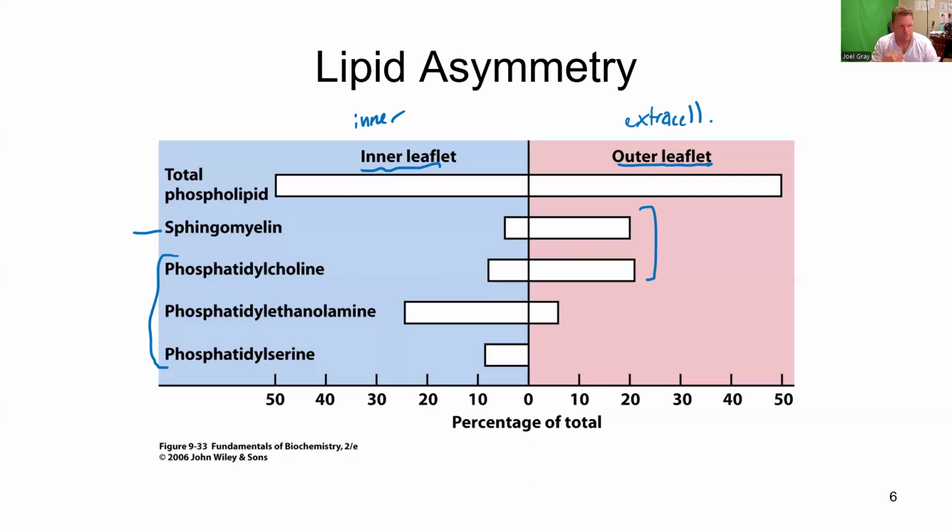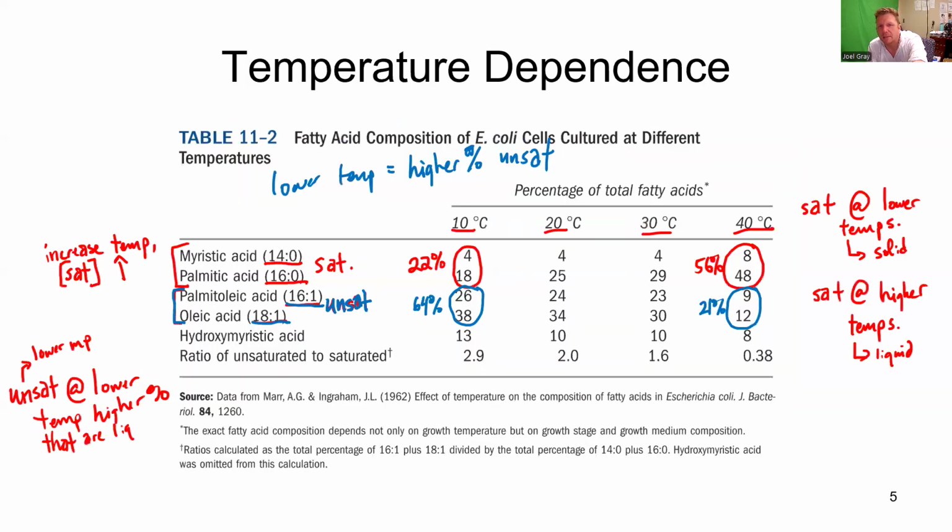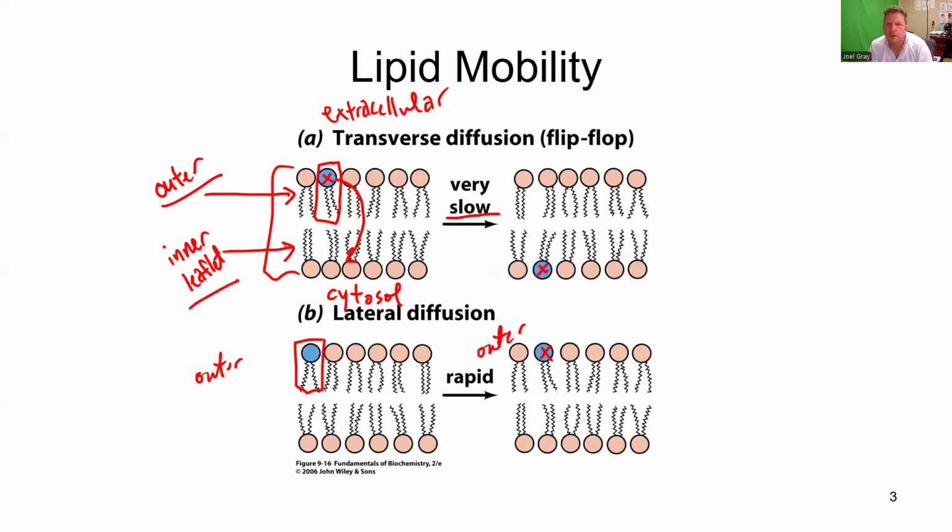Now, the thing is, when you look at a slide like this, think about this as basically where different molecules are found or what they're exposed to, or when they're exposed under specific conditions. Because, let's go back a second. Are lipids mobile? Yes, they are.